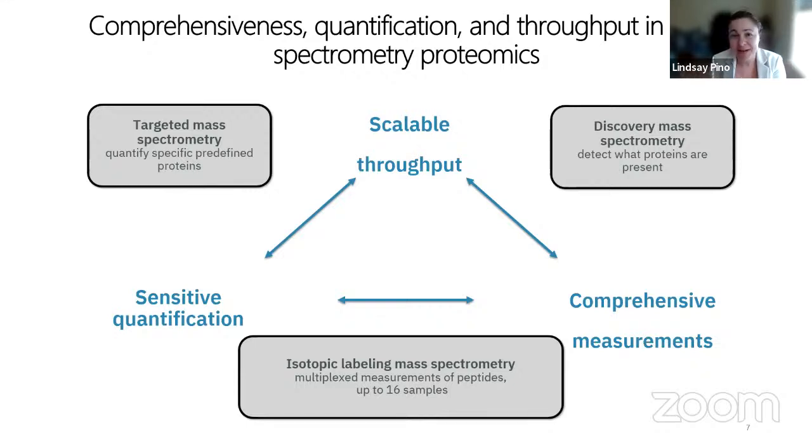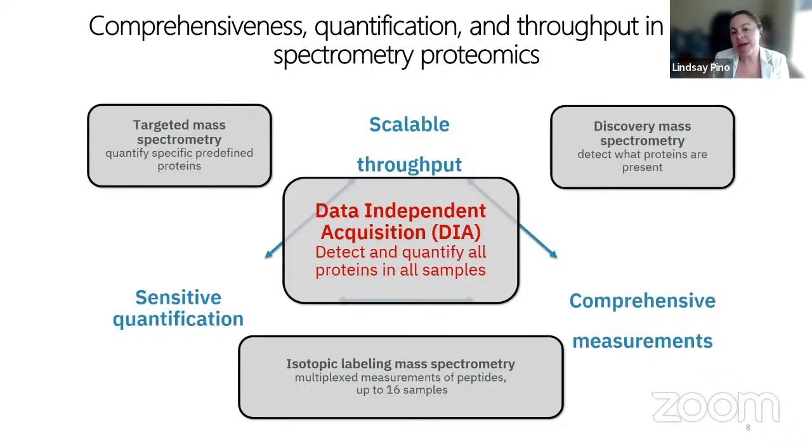So even though you mixed them together, now you have the exact same number of samples that you started with. You measure them by DDA and analyze them with your software of choice. Lots of different software options for DDA. The downside of isotopic labeling is that you're typically capped at about 16 samples. So if you need to analyze 600 samples, for example, this might not be your best choice.